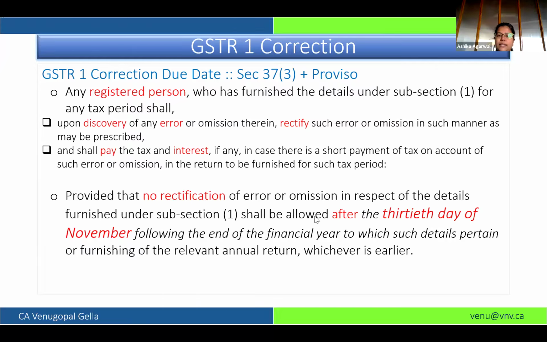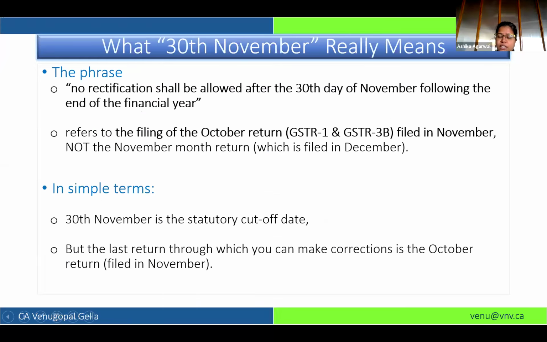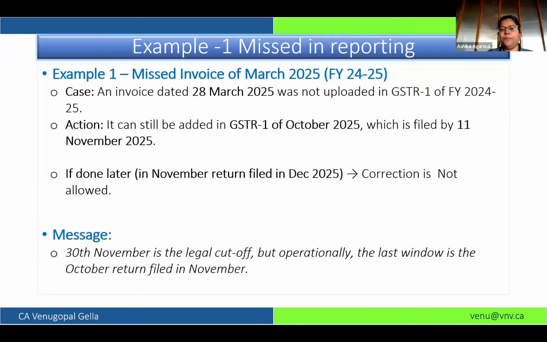Now let us understand the discussion through examples. In example 1, suppose you missed reporting one of the invoices of March 25. As we discussed, audit has been completed, and now you came to know that one B2B or B2C transaction of March 25 was missed.